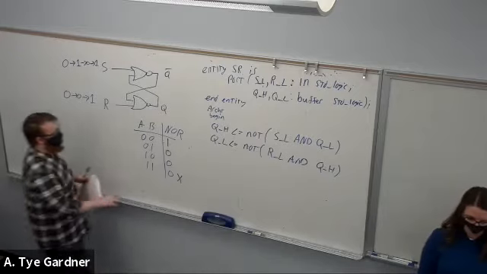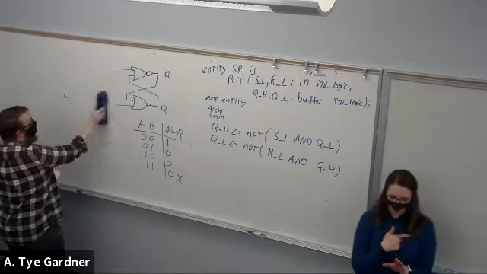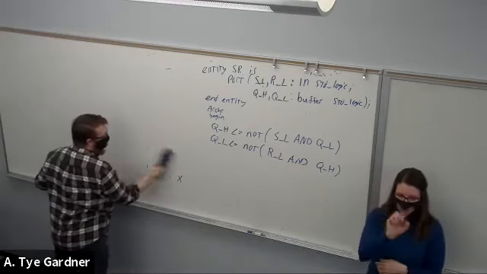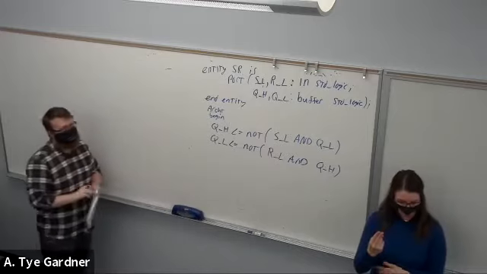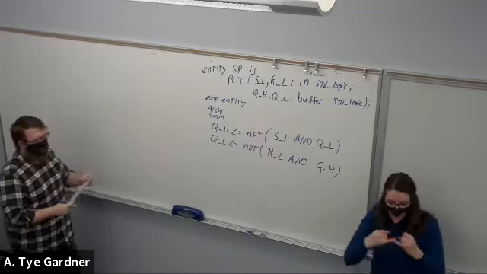So let's talk a little bit before I move on. If I just have that SR latch, what can we do with it? Say I write it in VHDL or I build it in a circuit. Let's talk about applications.